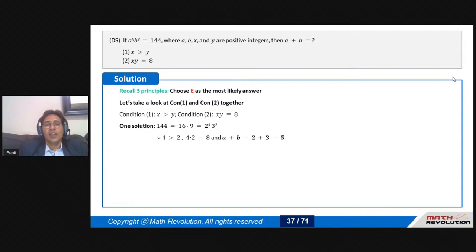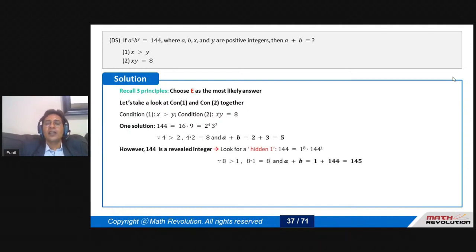So for a plus b, let's break the 144 into the format of 16 times 9. 16 is 2 to the power 4 and 9 is 3 squared. So x is 4, y is 2, 4 is greater than 2. So both of the conditions are satisfied. So a plus b becomes 2 plus 3, which is 5.